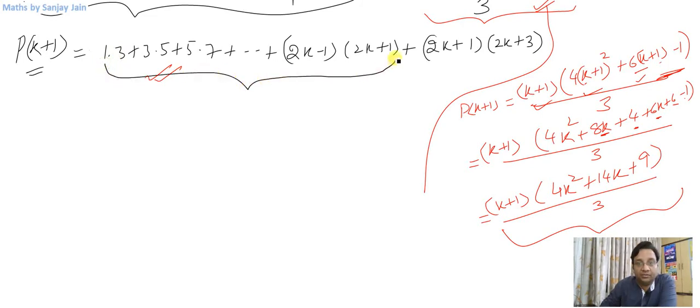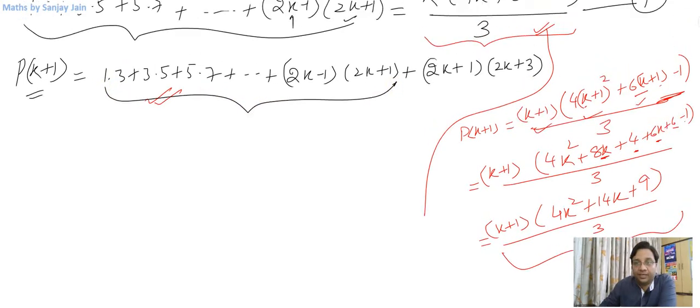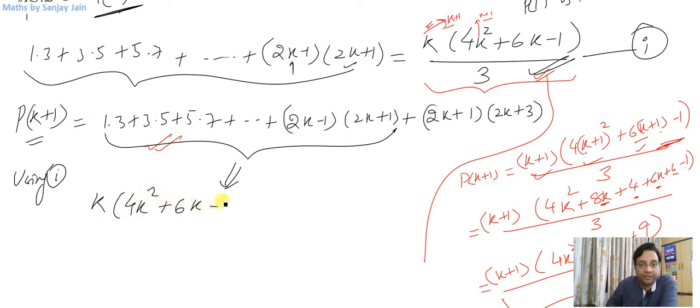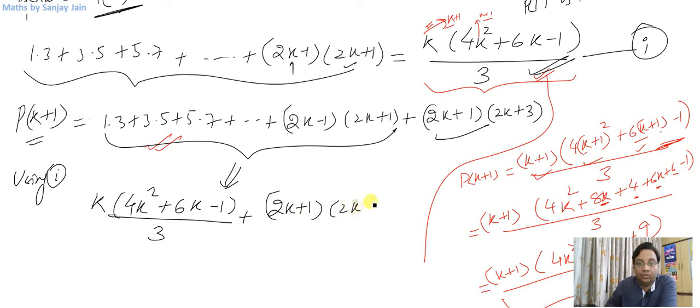Out of this, this much expression has this value as per equation number 1. So using 1, I can write this part of P(k plus 1) as k into (4k squared plus 6k minus 1) divided by 3, and then I'll add this, which is (2k plus 1) into (2k plus 3).